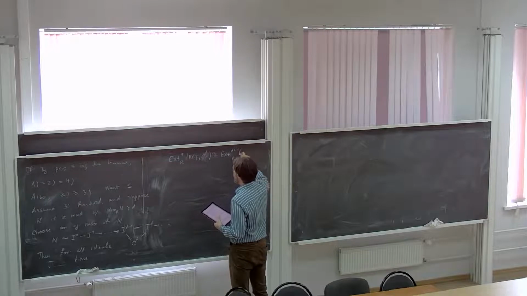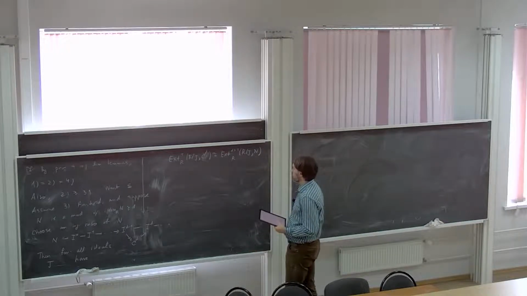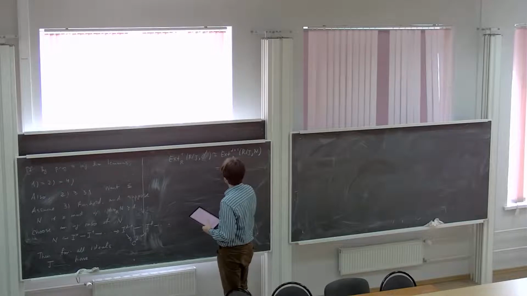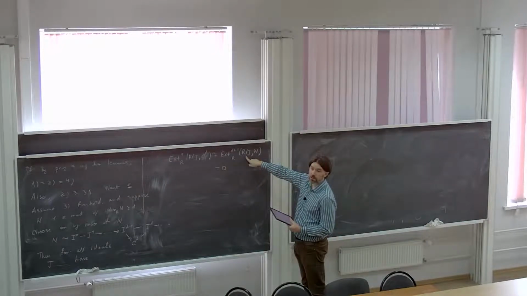This will be the same as Ext^(D+1) from R mod J into N. And this we know is 0, because we've assumed that the projective dimension here is D.